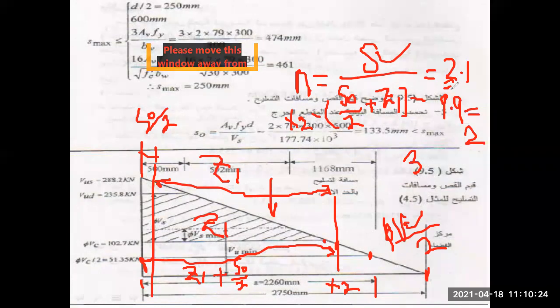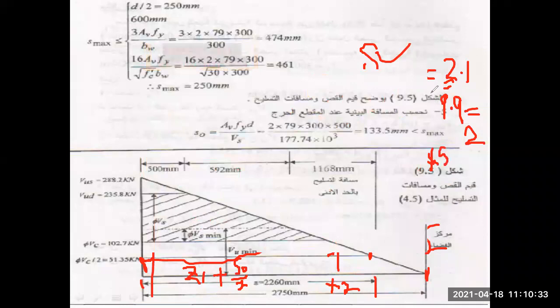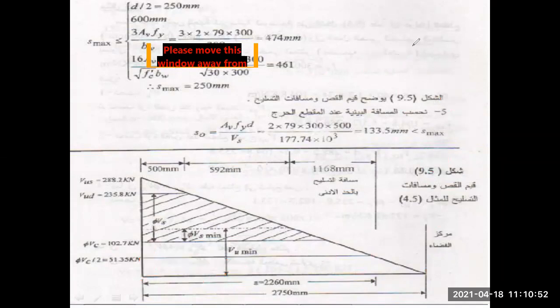That's why if you round it up to 3, and after you calculate 3 times the spacing it goes beyond the zone, beyond the zero shear reinforcement, then you have to get it back to 2, and based on that, you calculate the number of shear reinforcement.